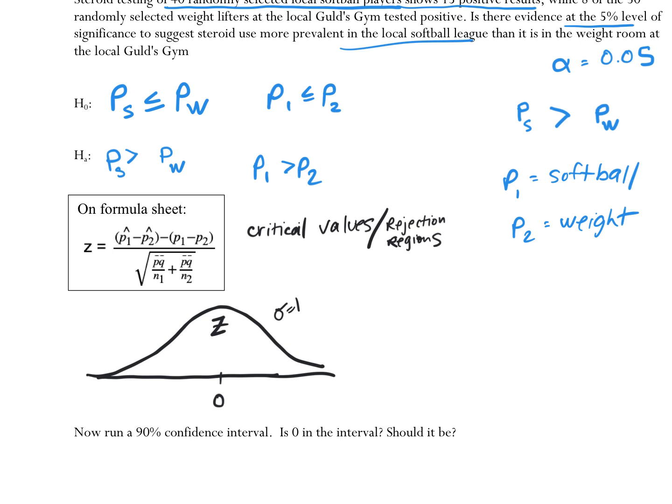As we shade our rejection region, there are 2 things we need to think through, okay? Where is my rejection region and how big is my rejection region? So let's start with the where: right, left, or both. This part is identical to what we did in the previous 2 units.